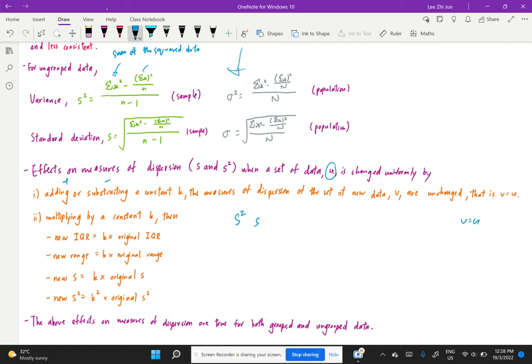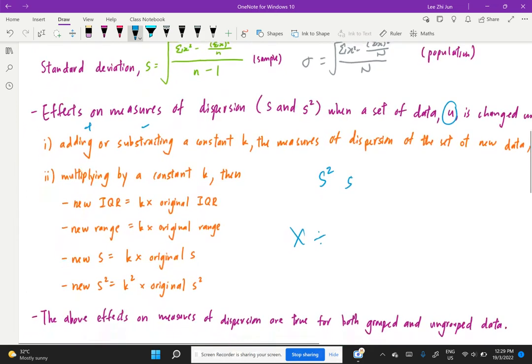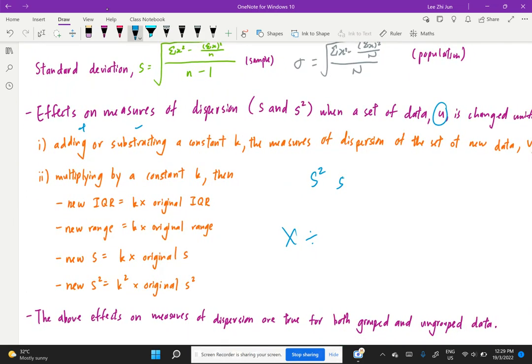That is V equals to U. If you multiply or divide, something will change, except the variance and standard deviation remain... As you can see, if I multiply it with K, I get a new S equals to the original S times K. New S squared is original S squared times K squared.